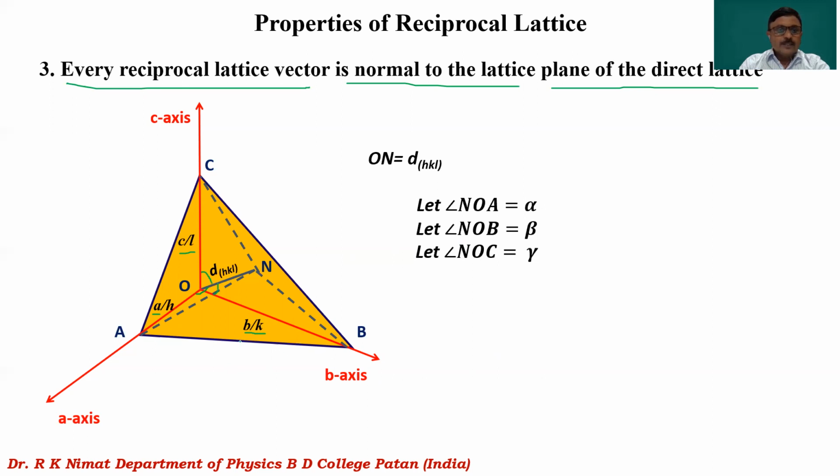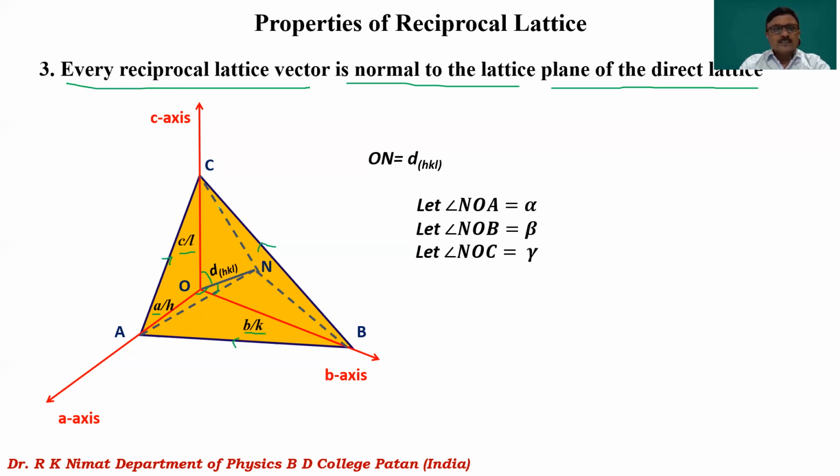BA, or this CB, or this AC as vectors, and we will show that BC, the vector which lies in the crystal plane ABC, is perpendicular to the reciprocal lattice vector along the direction ON.